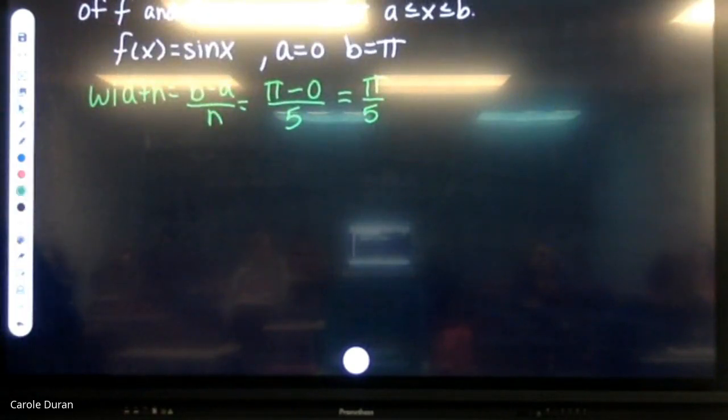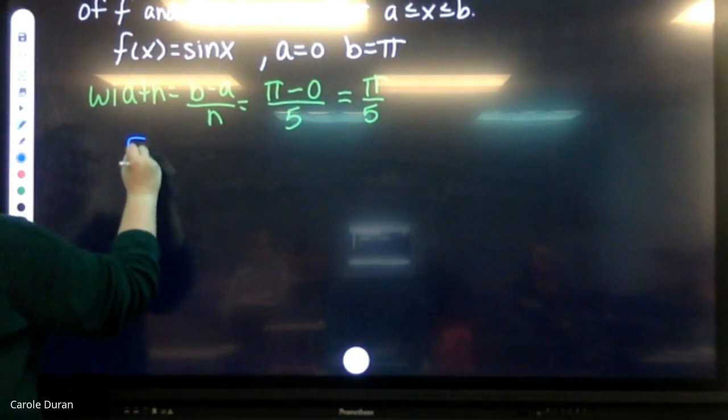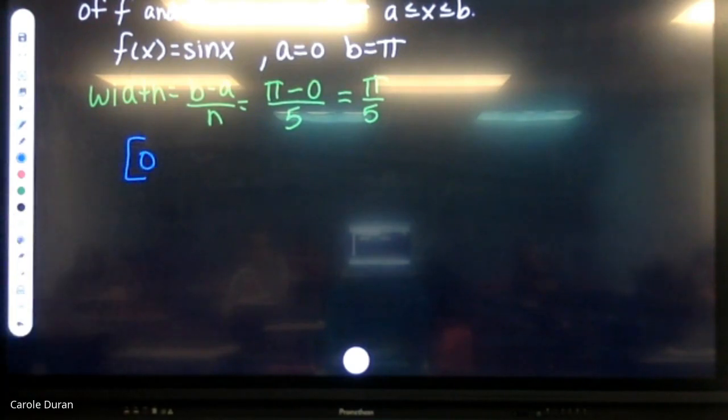Anyway, without the picture, we want to identify what our intervals are. I know that my first interval has to start at 0 because that's the leftmost point on this axis. If my interval widths are pi over 5, what's the right endpoint of this first interval? Pi over 5. I just added pi over 5 to 0.